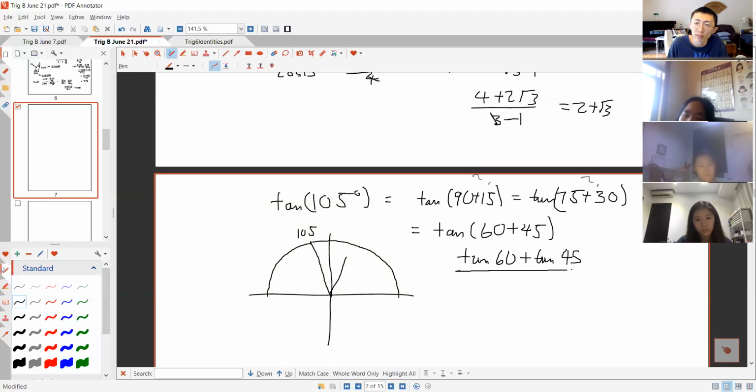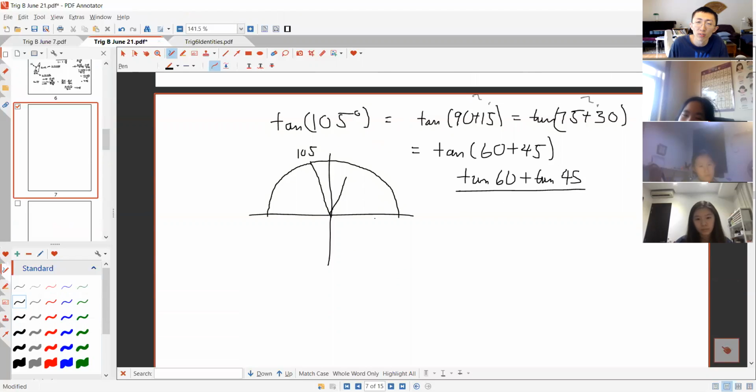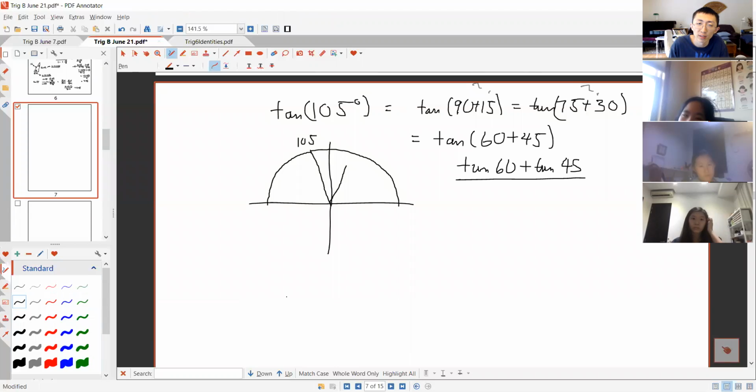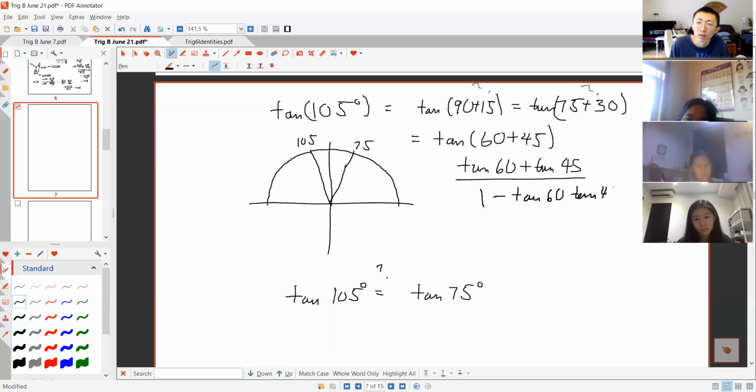But is there another way we could figure it out? How's tan 105 related to tan 75? Are they equal? So here's 75. Or how are they related?